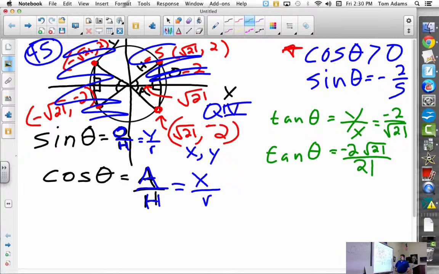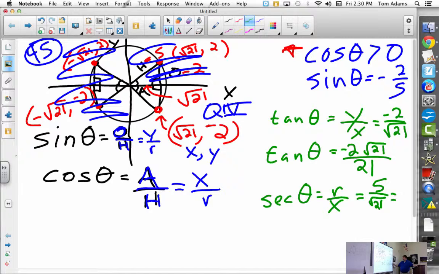Okay. Now for secant. Secant is the reciprocal of which trig function? Cosine. Cosine is technically x over r, so secant would be r over x, which is, what was the radius again? 5. What's the x value?